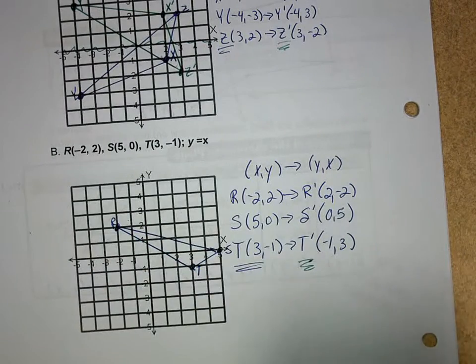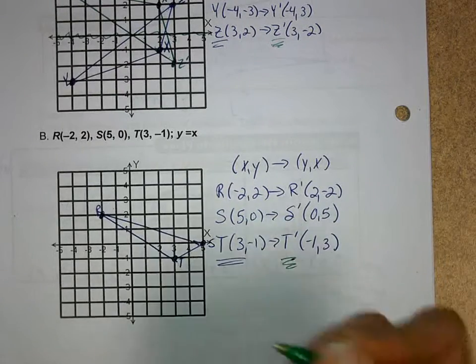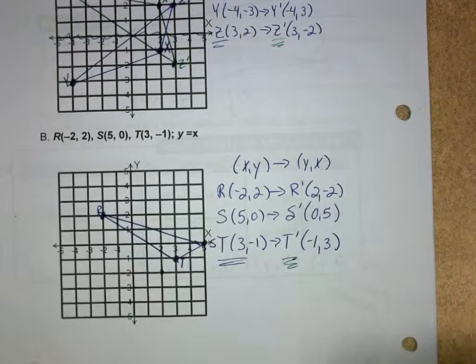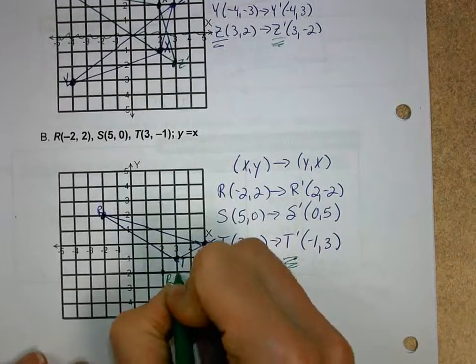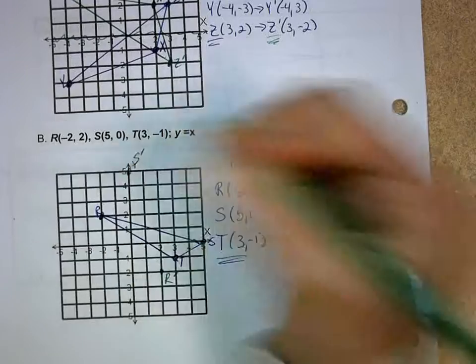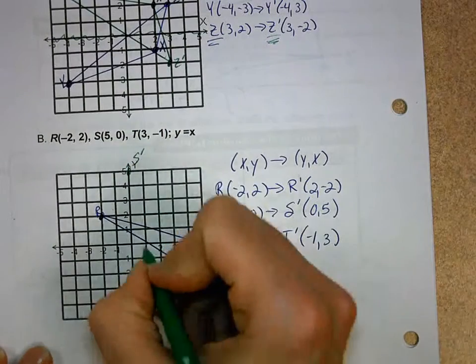All right, and let's do our other ones. We have R prime, which is going to be at (2, negative 2). So here's my R prime. I got my S prime at (0, 5), so up here is S prime, and T prime is at (negative 1, 3).